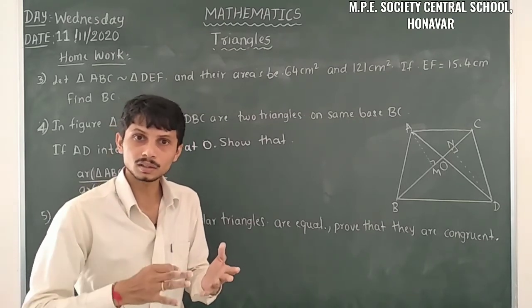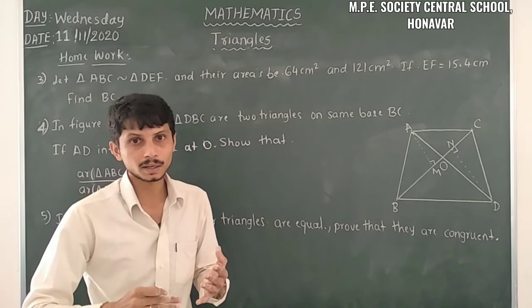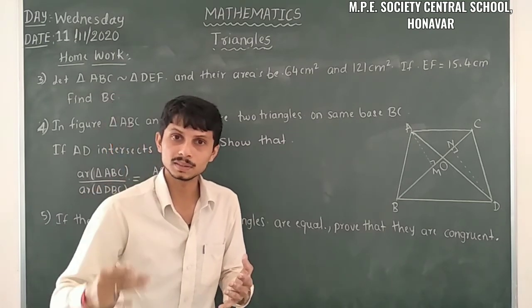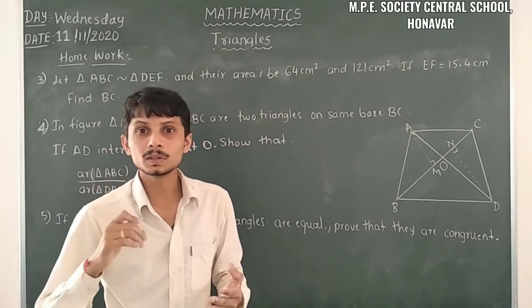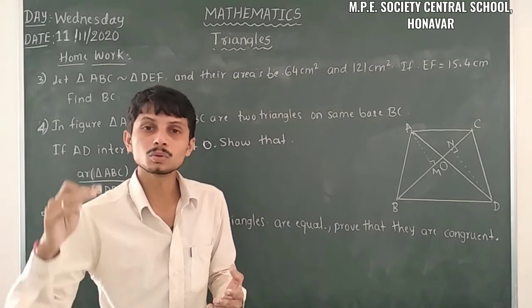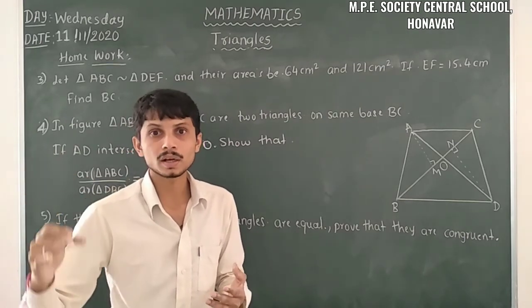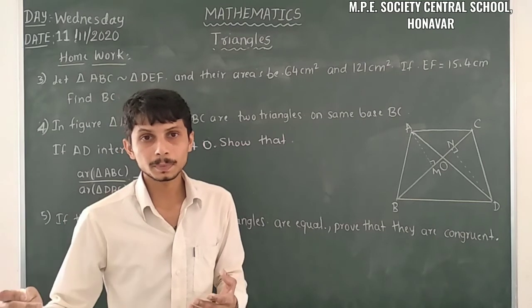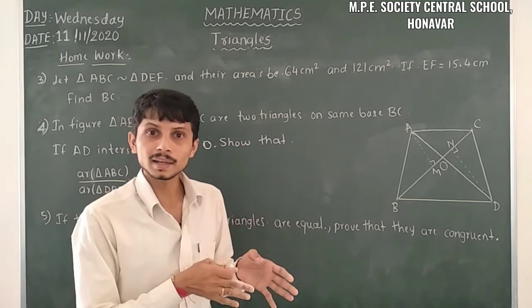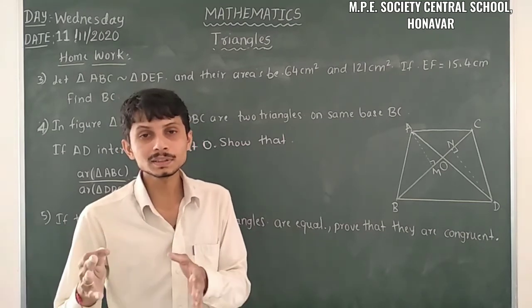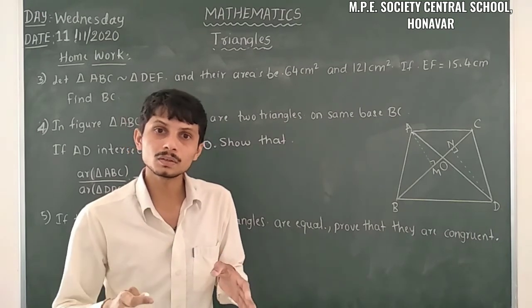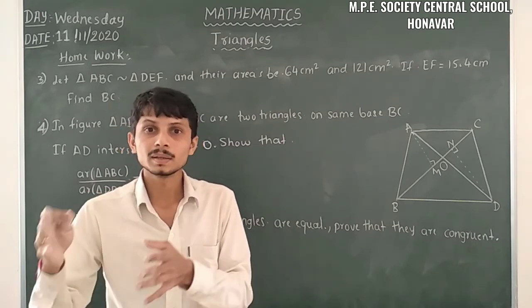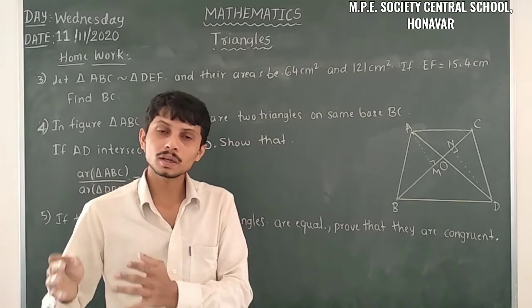Whatever the RHS you have, area of triangle ABC by area of triangle PQR is equal to AB by PQ whole square, equal to BC by QR whole square, equal to AC by PR whole square. Here the LHS part is 1, so equate. AB by PQ whole square is equal to 1. BC by QR whole square is equal to 1.